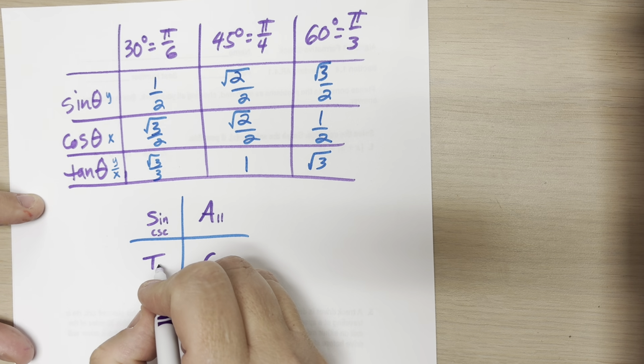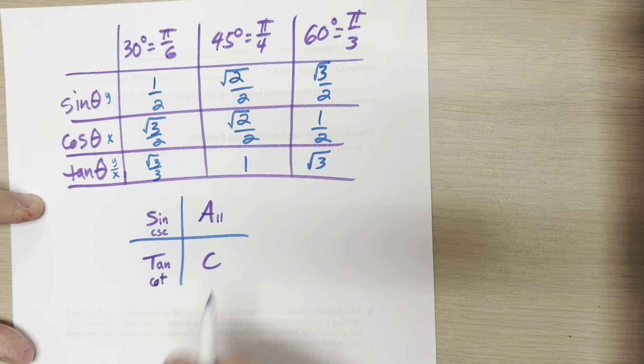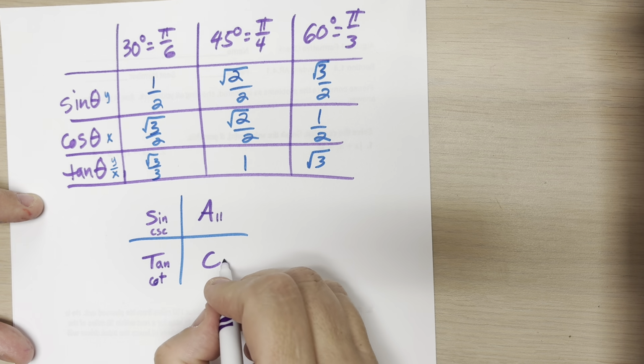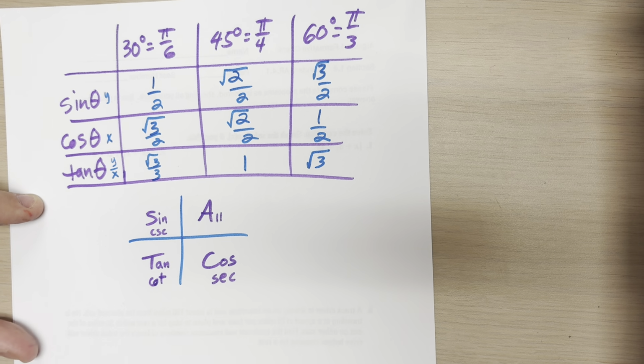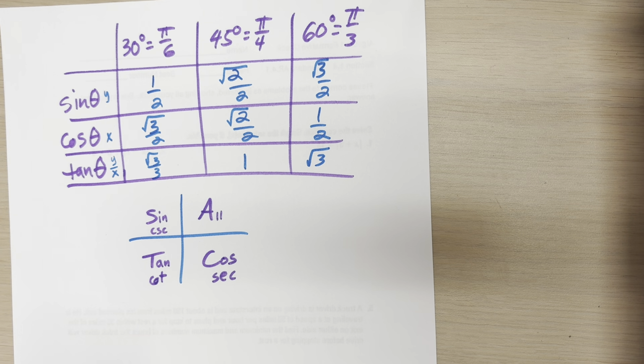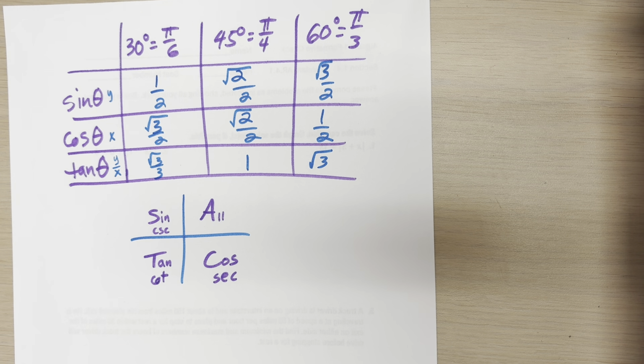Down in the third, the only thing positive is tangent, and then its reciprocal, cotangent. Down here in the fourth, cosine is the only thing that is positive, as well as its reciprocal, secant. If you can remember all students take calculus, that will help you figure out the positive and negative signs of these various things.